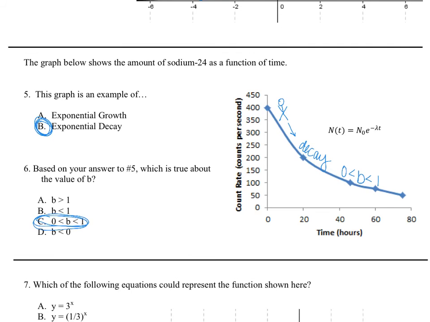Don't be tricked by solutions like this because part B and part D, so this piece and this piece, are both semi-correct because B is less than 1. Oh, I correct myself there. I looked a little closer. D is not correct. That's saying B is less than 0. It's not. Okay, so it's between 0 and 1. It's greater than 0, but less than 1. This is a trick right here, because you need the whole thing.